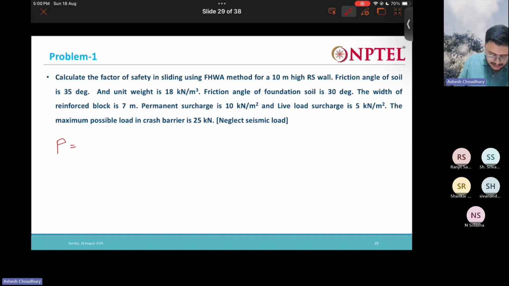So what are the checks? Sliding and overturning, right? These are the main two checks that you have to do. It is asked factor of safety in sliding. First, let us calculate the factor of safety in sliding. So what is the horizontal force that is acting?